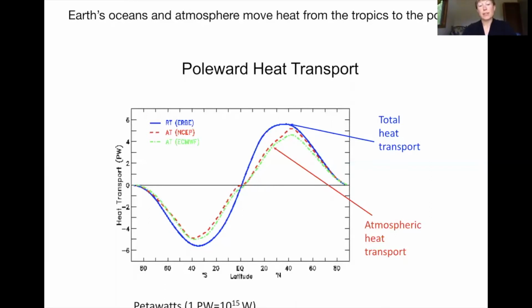And if we look at this, we can say that the difference between the total heat transport in blue and the atmospheric curves in red and green is what would be the ocean, right? And so you can see that actually the ocean plays a really big role between the equator and the mid-latitudes, and then the atmosphere is actually really important from the mid-latitudes to the high latitudes, okay? So I hope that that makes sense.